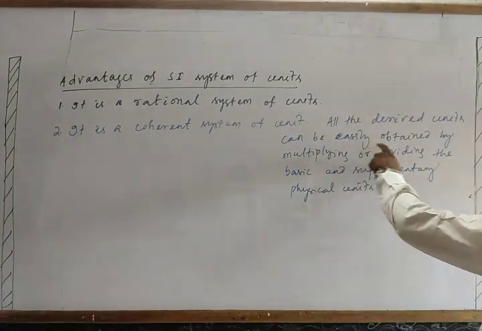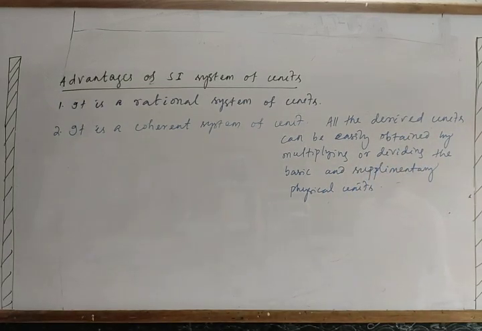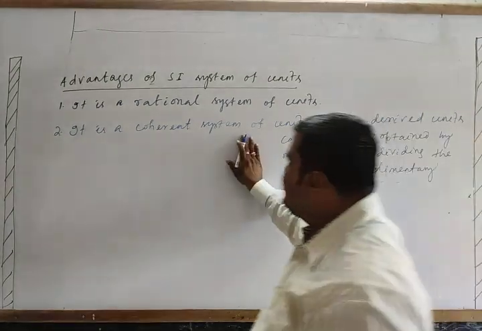All the derived units can be easily obtained by multiplying or dividing the basic or supplementary physical units. It is a coherent system.